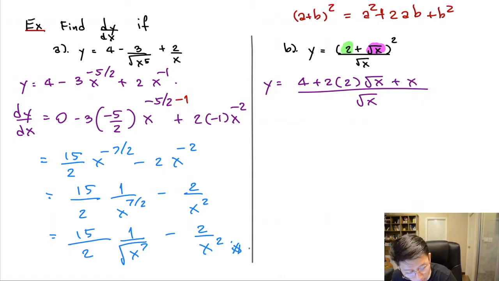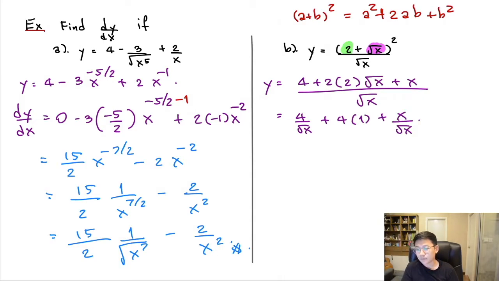So your y is actually 4 divided by square root of x plus 4 and square root of x, they got cancelled out, and then plus x divided by square root of x.